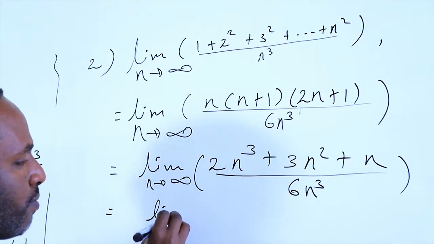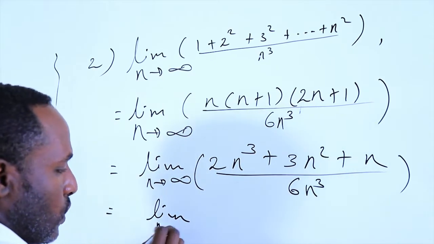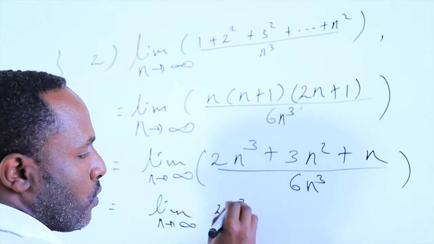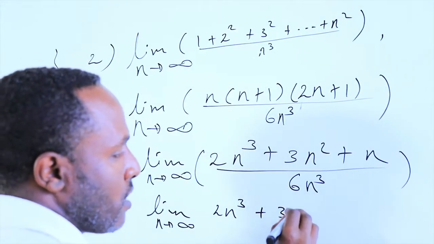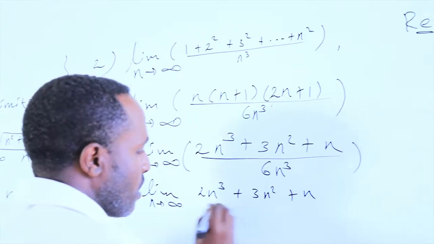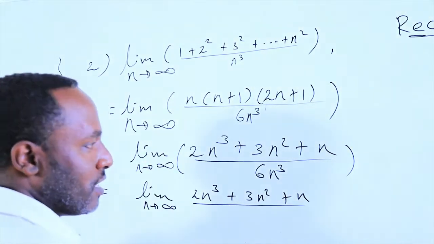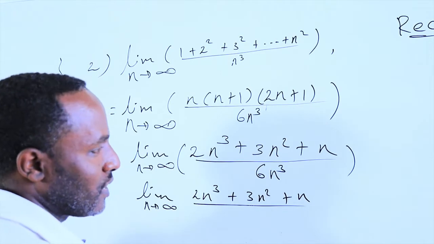The limit as n tends to or approaches infinity of 2n cubed plus 3n squared plus n over 6n cubed, divided by the variable in the denominator with the highest degree, say n cubed.